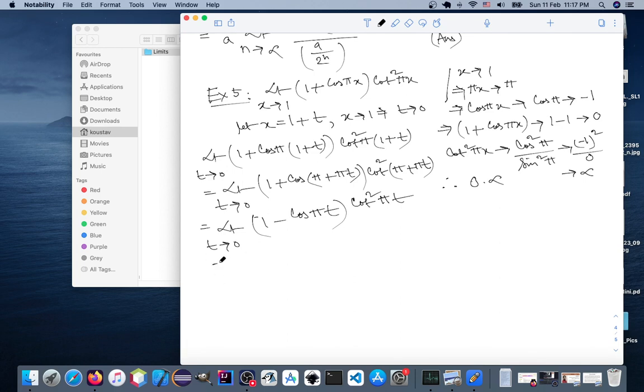Let's see, limit x tends to 1, if you write this as 2 sine square pi t by 2, and this is cos square pi t divided by sine square pi t.